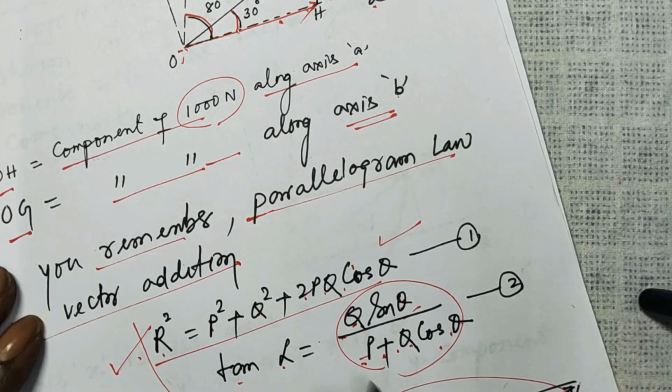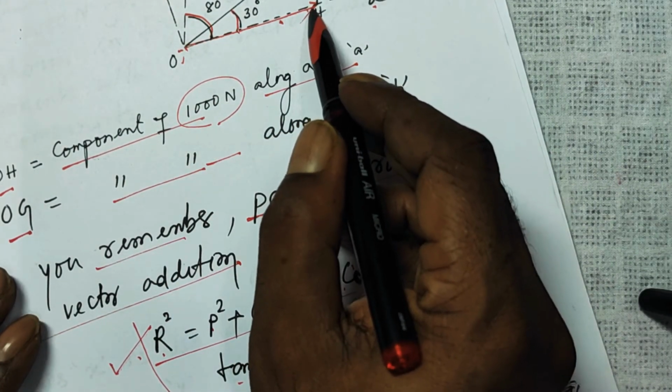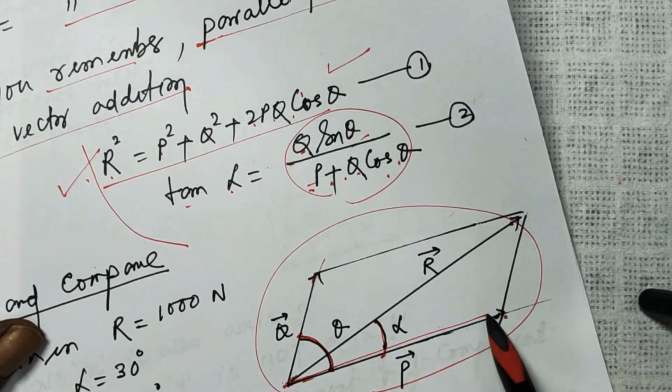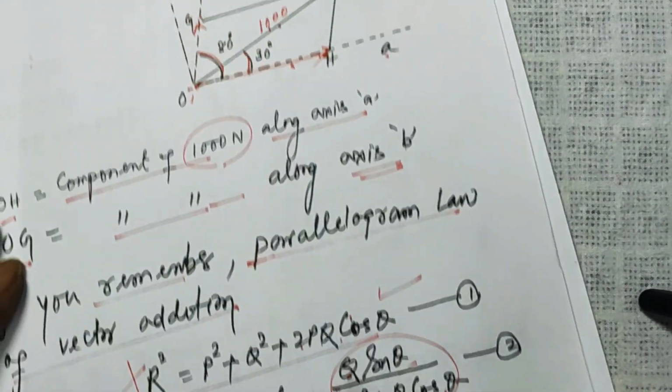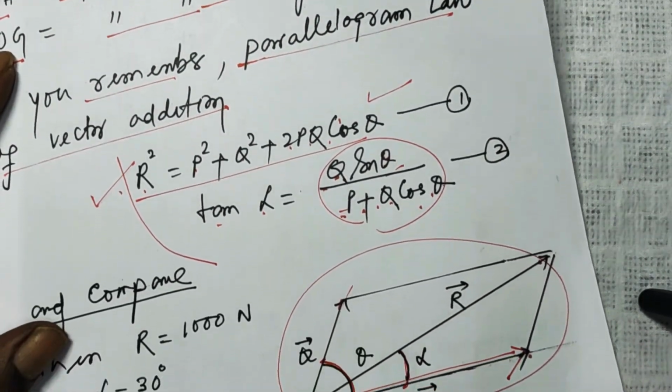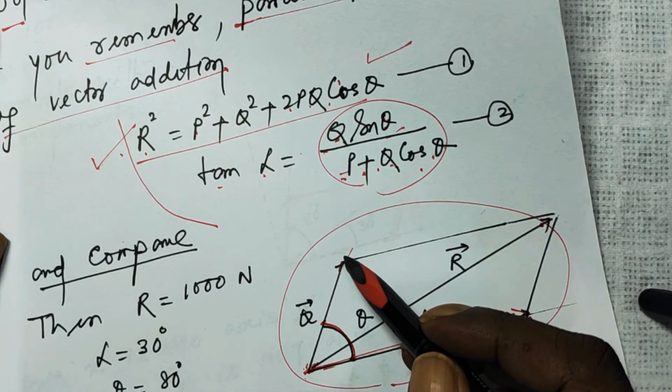And your OH is equal to your P vector, and your OG is equal to your Q vector.